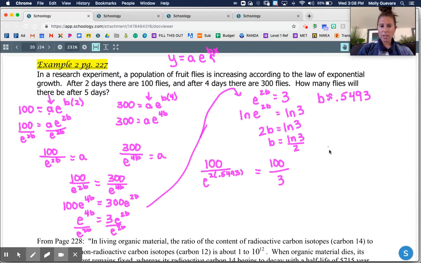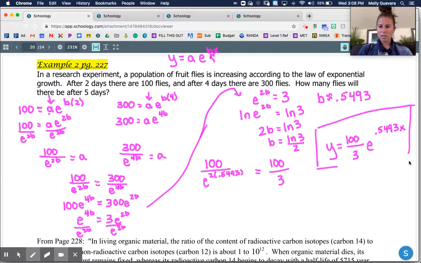So my equation is y equals, a is 100 over 3, times e to the 0.5493x. So there is my equation. That's not a new process. We've done that, not necessarily in this class, but we've looked at that a lot in other classes.